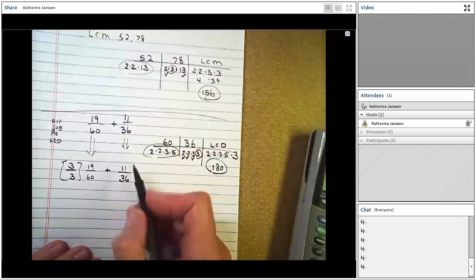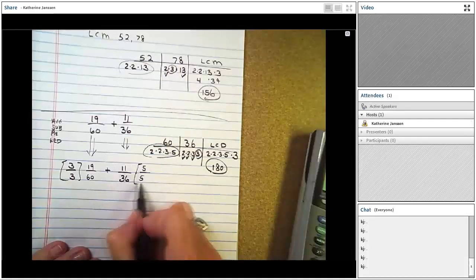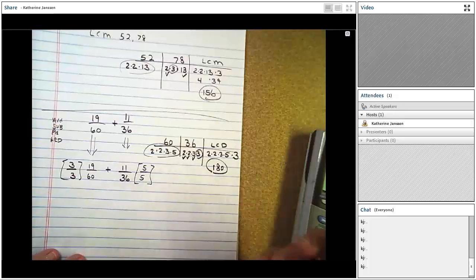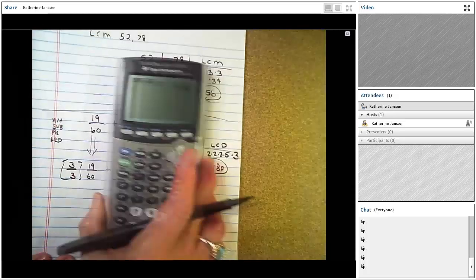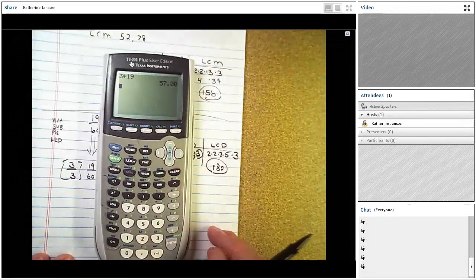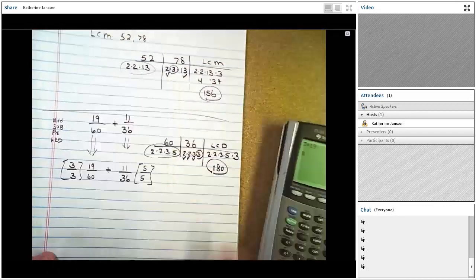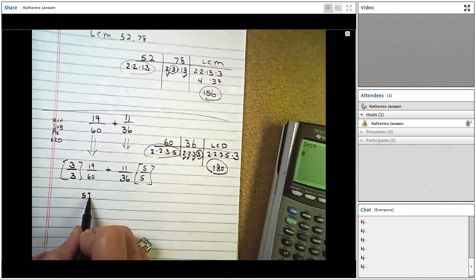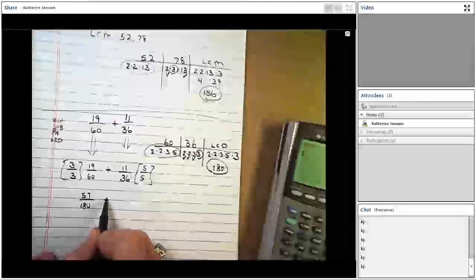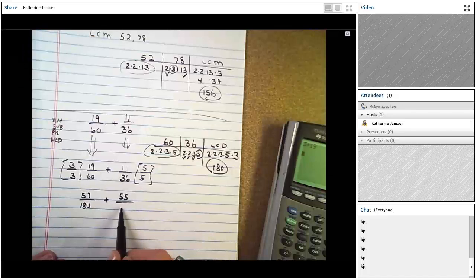So 36 times 5 would be 180. I'll multiply the numerator by 5. 3 times 19 is 57 over 180 plus 5 times 11 would be 55 over 180.